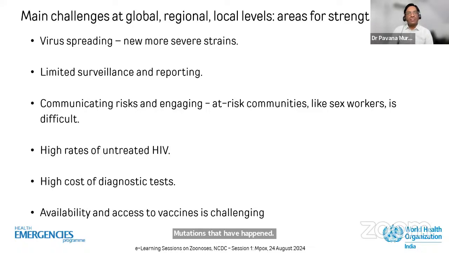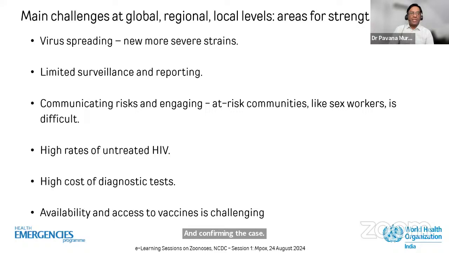So that is a concern for us, that it can become more virulent and more transmissible and cause severe disease. So that is a challenge. Then the second challenge is limited surveillance and reporting. So many countries are grappling with case identification and reporting, and then lab diagnostics availability, and confirming the case.